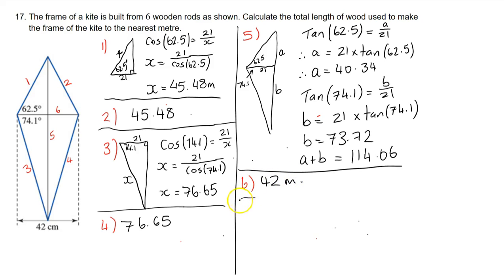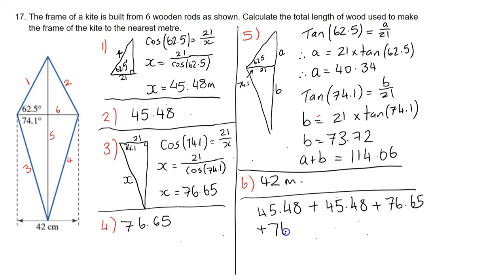Okay, time to add them all together. So we've got 45.48 plus 45.48 plus 76.65 plus 76.65 plus 114.06 plus 42.